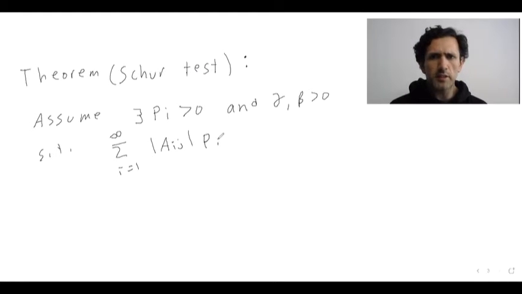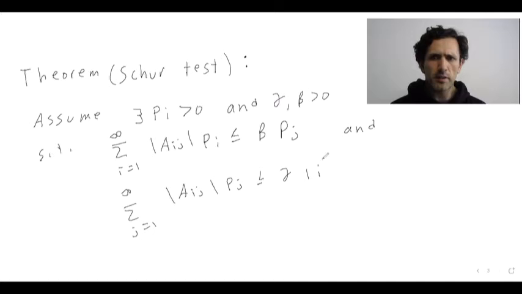And an easy test is the following. So if both of these are true, this sum here is less than or equal to beta pj, and this sum here is less than or equal to gamma pi, then we can say that the norm of A is less than or equal to the square root of beta gamma.